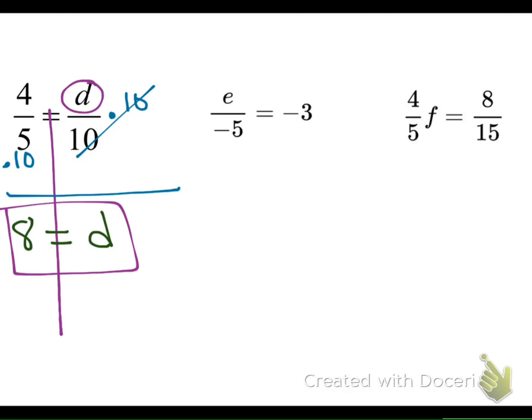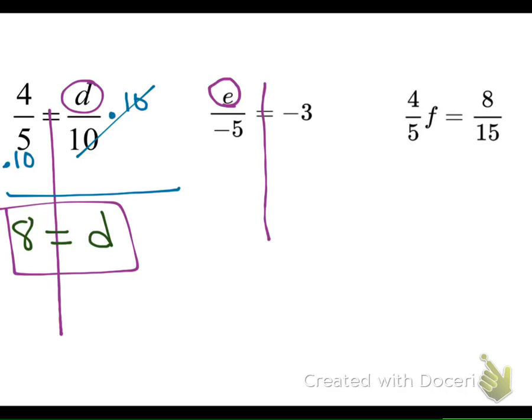Okay, so the middle one here, we have e over negative 5 equals negative 3. Try your line of equality. So how are we going to get the e by itself? Multiply each side by negative 5. On my left side here, I'm going to take negative 5 times negative 5. Those cancel. On my right side, I'm going to take negative 3 times negative 5.